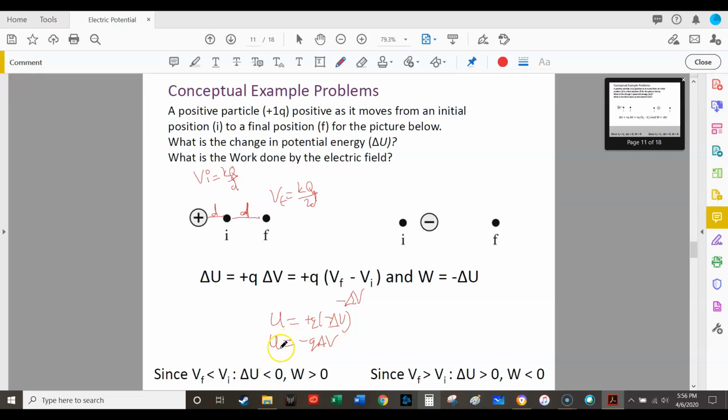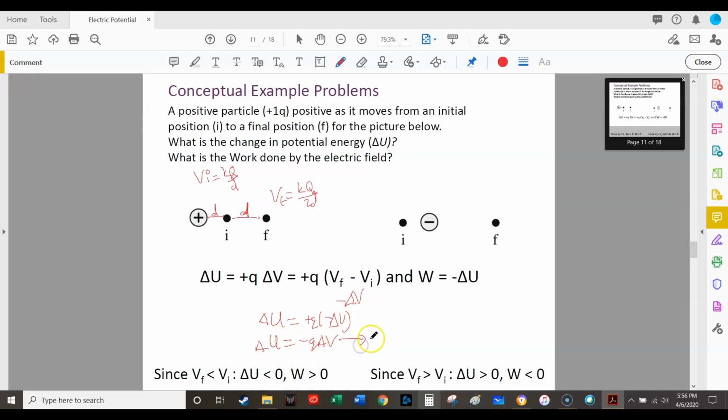Well, if negative delta U is work, then, and I should put a delta in front of this. So what does that mean?